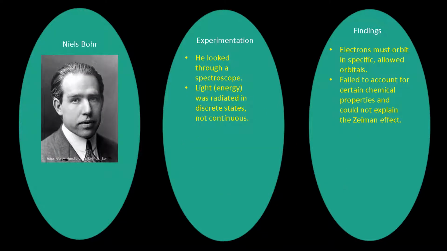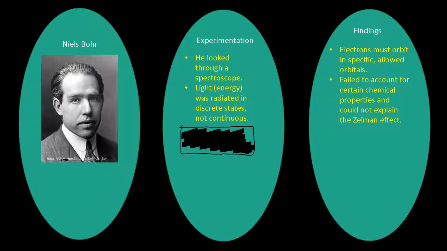Next we have Bohr, and he conducted an experiment through the use of spectroscopy. Basically, he looked through a spectroscope and noticed that light energy was radiated in discrete states, not continuous. So he would have seen something sort of like this.